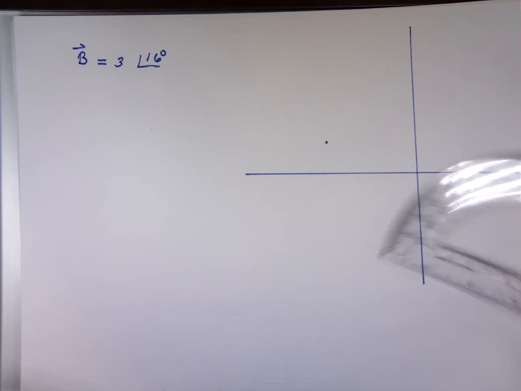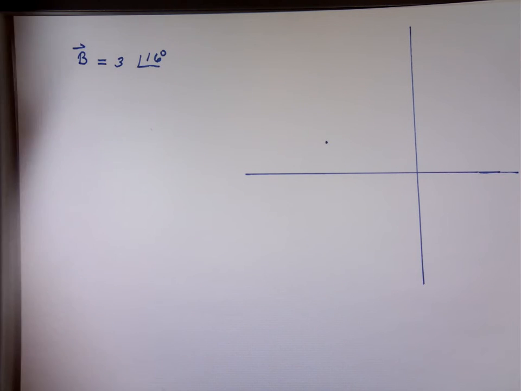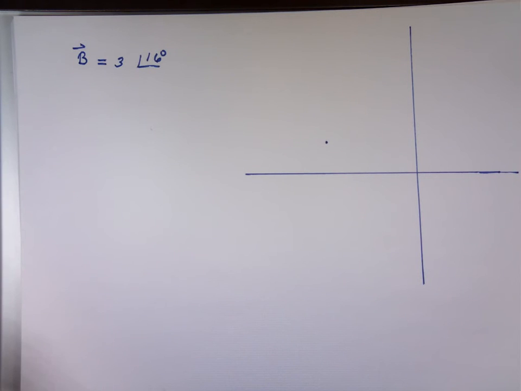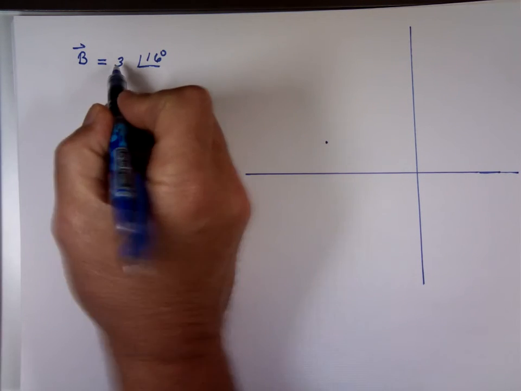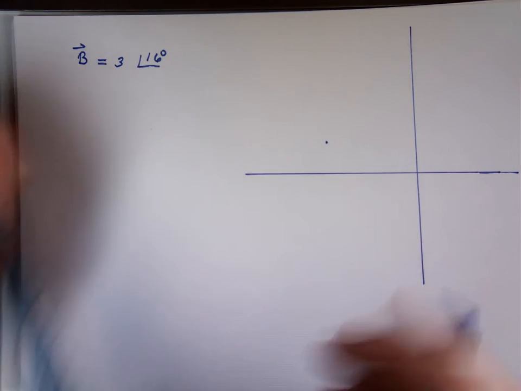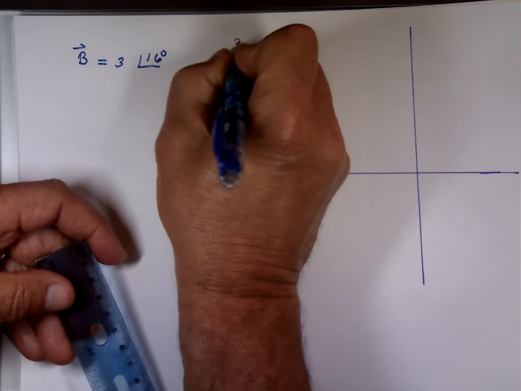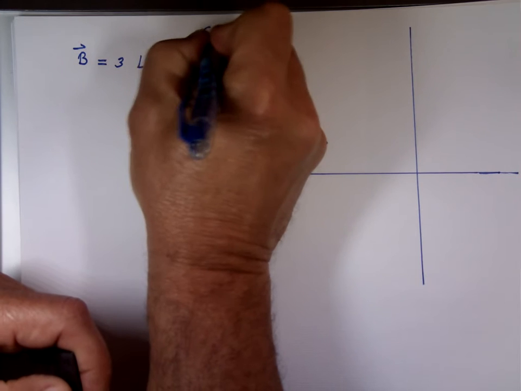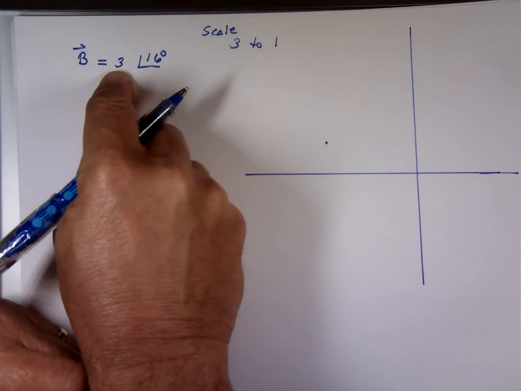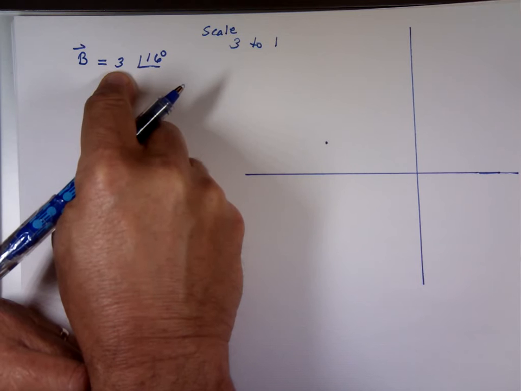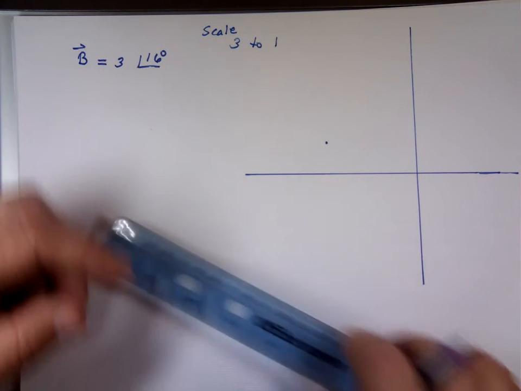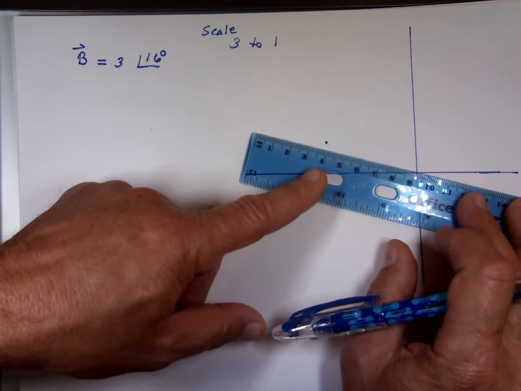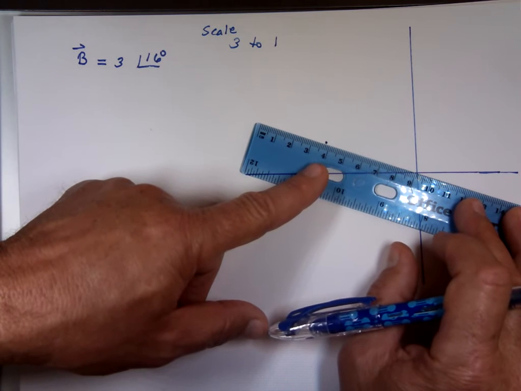Now the length is 3. Well, 3 centimeters is really too small to see. So what I might do here is use a scale of 3 to 1. For every 1 unit, I'm going to use 3 centimeters, because I want it to be big so I can see it. So since I have 3, what should the length of this vector be if I'm using 3 to 1 for a scale? 9.